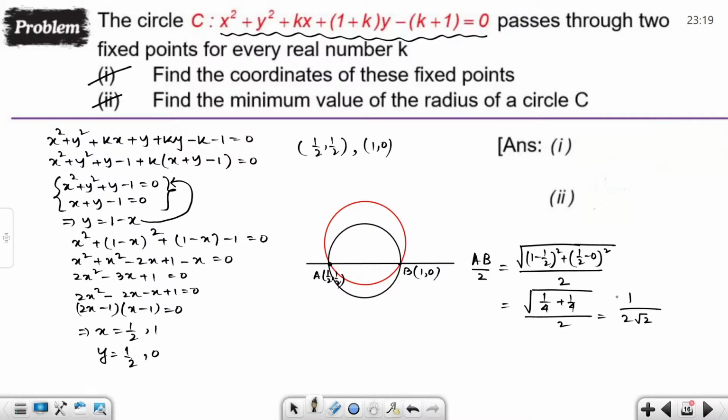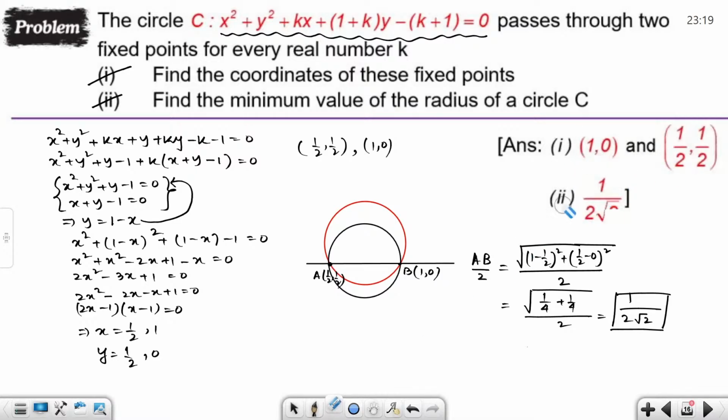Am I correct? So this is the minimum radius of all the circles that are passing through the point of intersection A and B. Right? So let me just reveal the answers. Yes. Is it clear to everyone? Absolutely. Okay. Let me take the next problem.